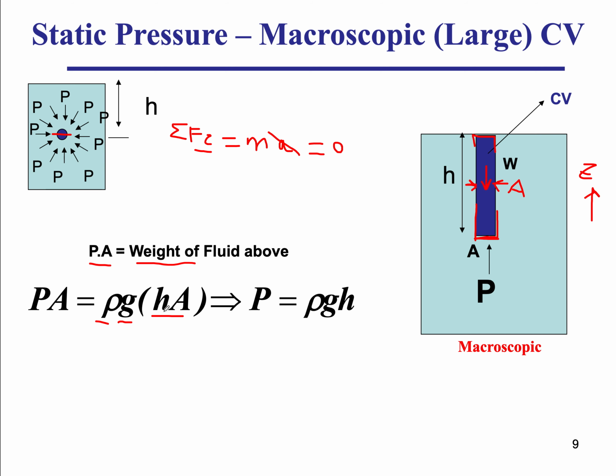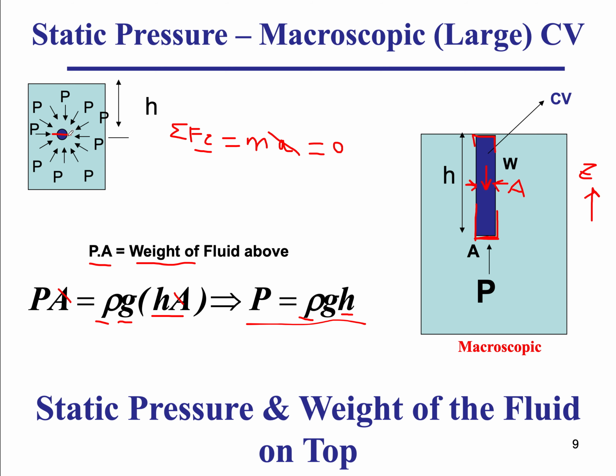That's your W. So W equal to P times A. So the A cancels out, and you get a relationship between the pressure and the height. That's your hydrostatic pressure force, because it's due to the weight of the fluid height above that level, that point P.